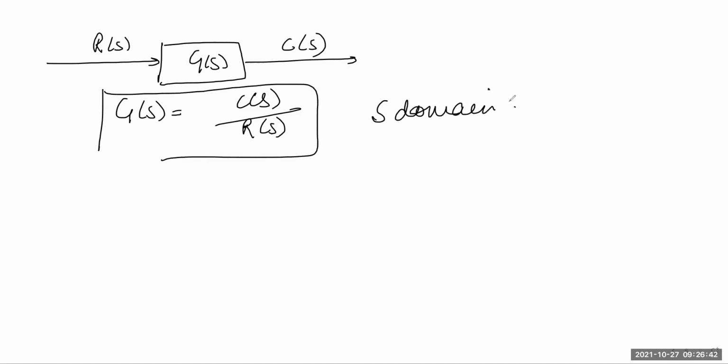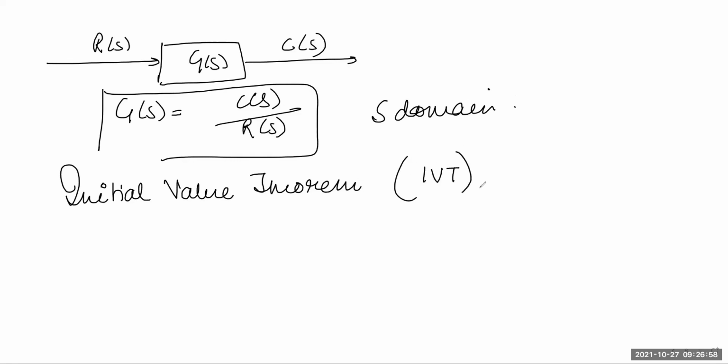Next, I'm talking about the initial value theorem and the final value theorem. So, the initial value theorem, in short I call it IVT. It's important, you require it. In this theorem, you have to take a limit.